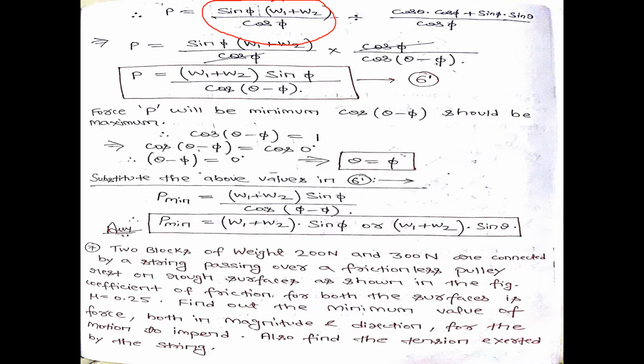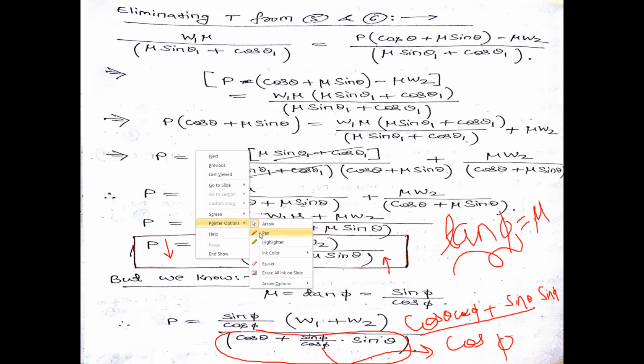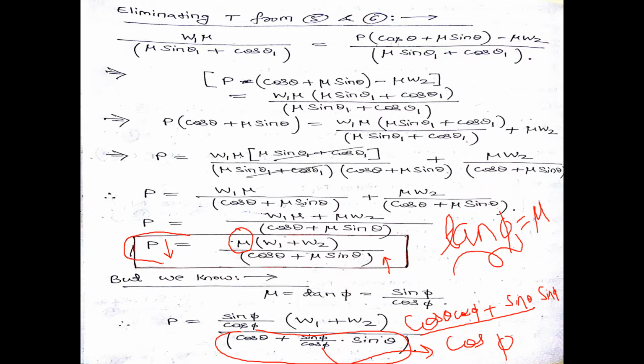If I can get anyone's response from the electrical people's side, please respond whether it is clear or not. Yes, sir. Clear. Okay. So ultimately, the entire expression of P, which is equation number 6, is in the form of theta and phi. But the earlier expression of P was not in the form of theta and phi; this mu was present.